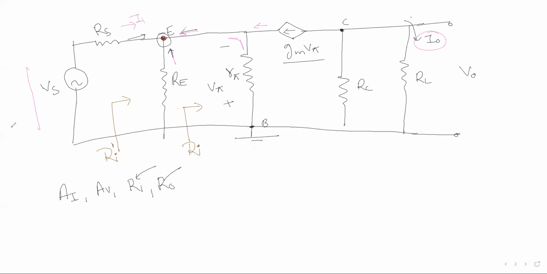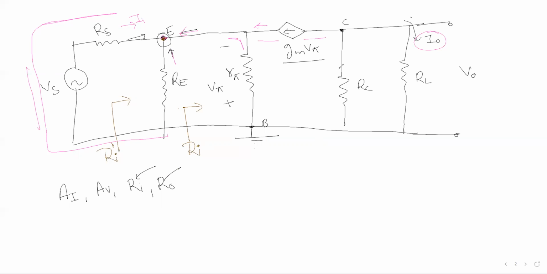If we short this one and Rs is also 0, then it will act as a short circuit over here. Then Re would be 0, R pi would be 0, and voltage across R pi is 0. Then this acts as an open circuit.